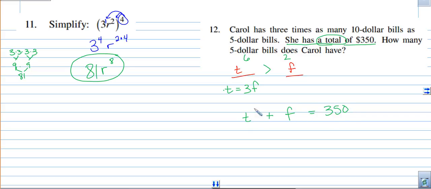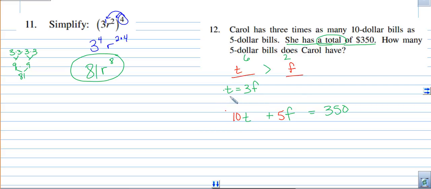But this is the amount of bills. If you have 2 tens and 3 fives, that would equal 5 bills, right? But that's not how much it's worth. So you have to include how much each bill is worth. How much is a 10 worth? It's worth $10. How much is a 5 worth? It's worth $5. So keep in mind that's what you're working with.